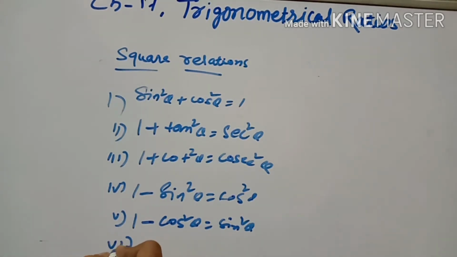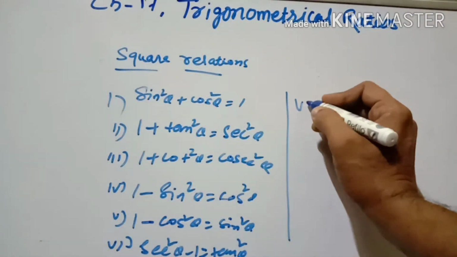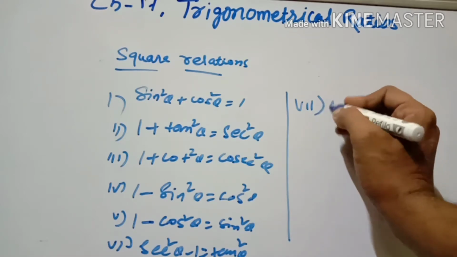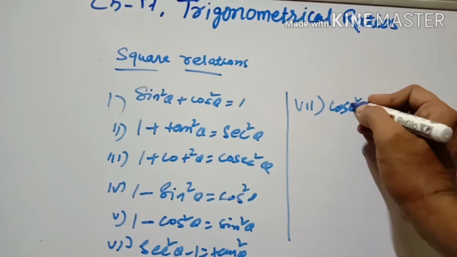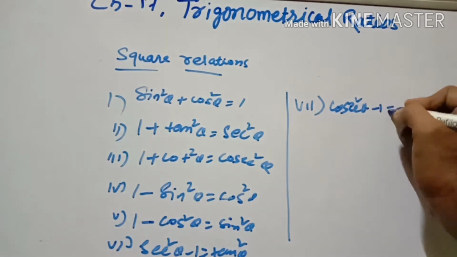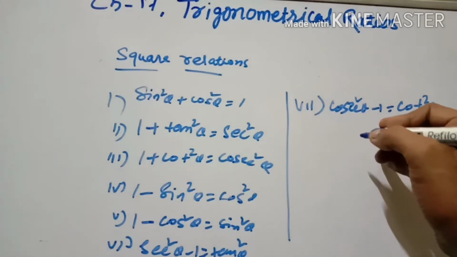Number 6, I can write sec square theta minus 1 equal to tan square theta. Number 7, I can write cosec square theta minus 1 equal to cot square theta.